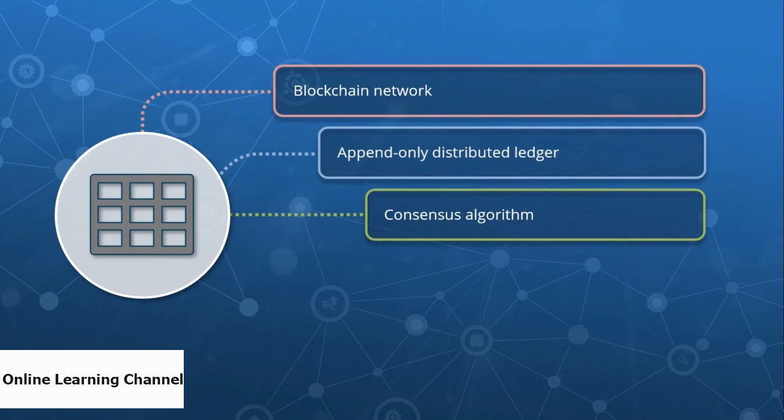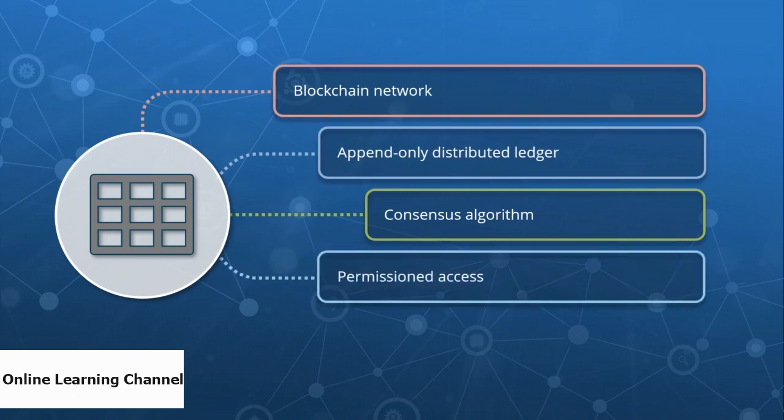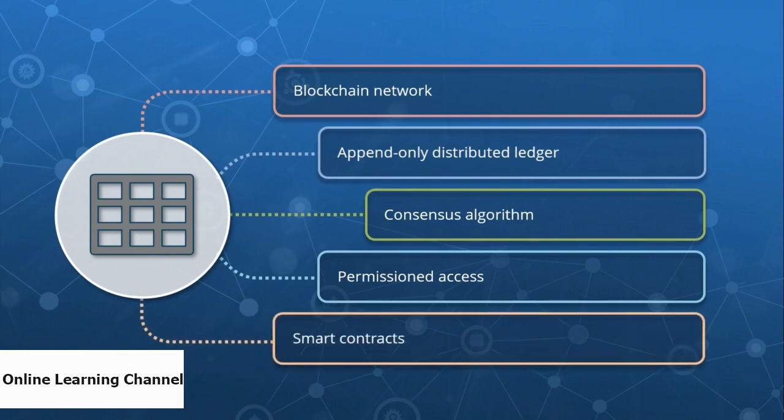One of the requirements for enterprise-grade blockchains is to enable permissioned access to various parts of the blockchain network. And this is a feature which is supported by the Hyperledger frameworks. And a rather important feature is that these frameworks support smart contracts. So it is possible for you to define the types of transactions which you want recorded on your blockchain.